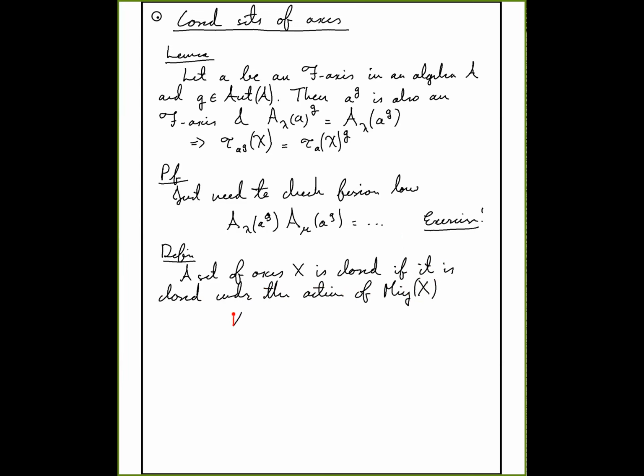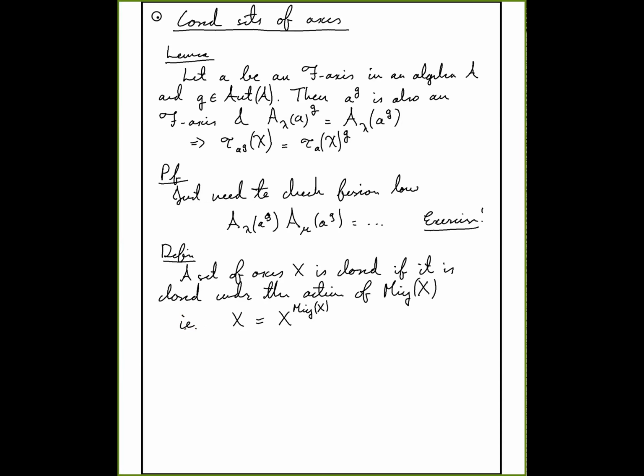In other words, it doesn't get any larger when you apply the Miyamoto group to all the elements there. Maybe that should say i.e. Okay, so let's suppose we have some closed sets of axes.